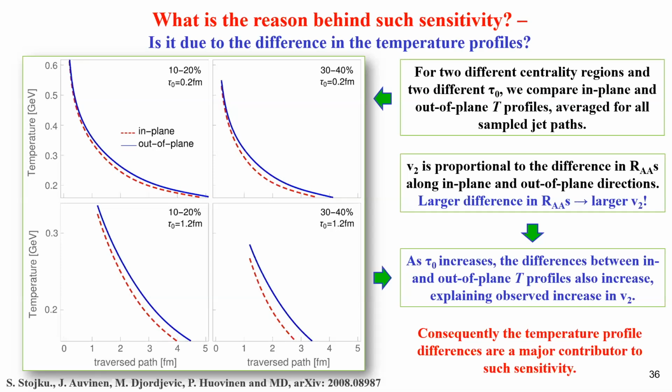On the other hand, if you start your thermalization later, then the profile starts to separate in plane and out of plane, and then the jet sees this, and this leads to larger v2.